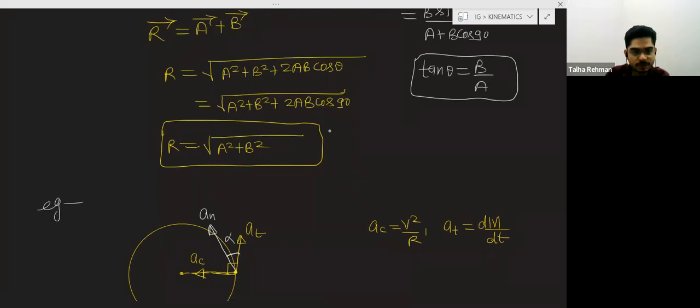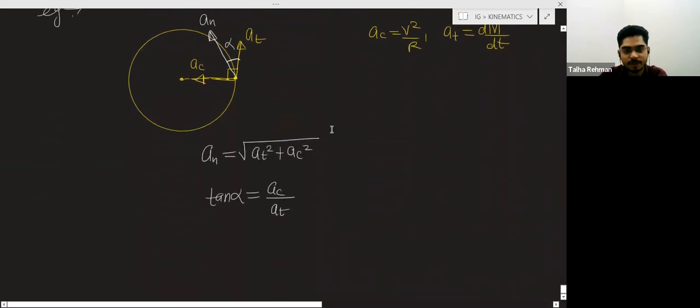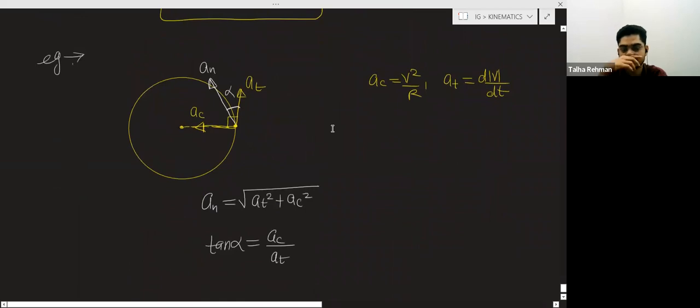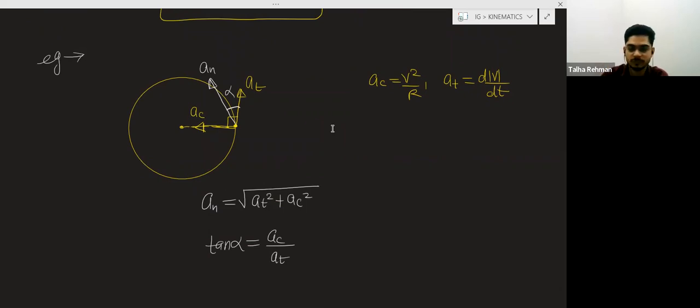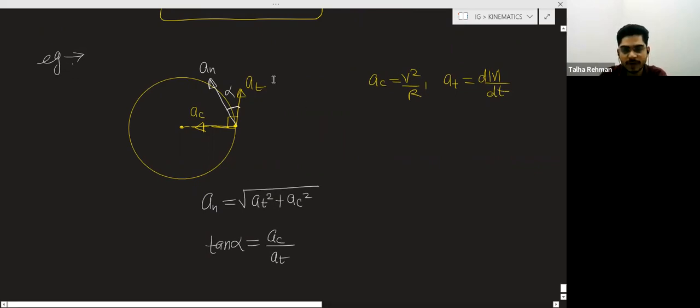So that is why I was saying there is a requirement of vector for the further study. Completed? Okay, so this is the main part, and there is one more part that will be required.